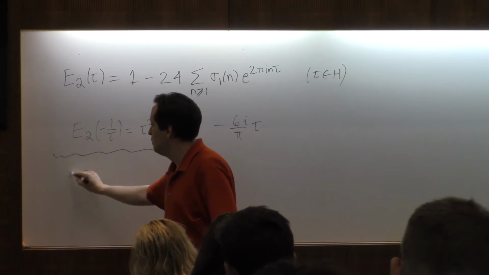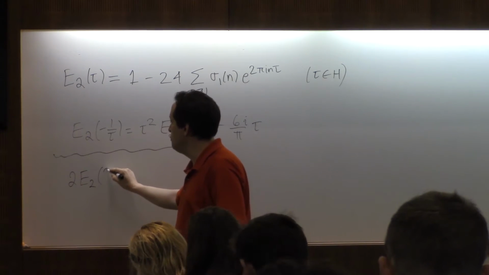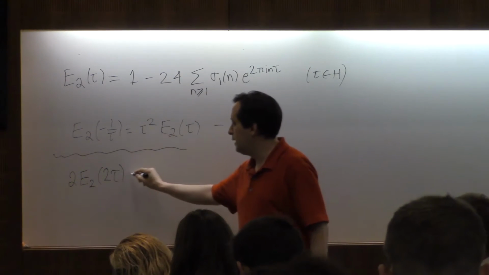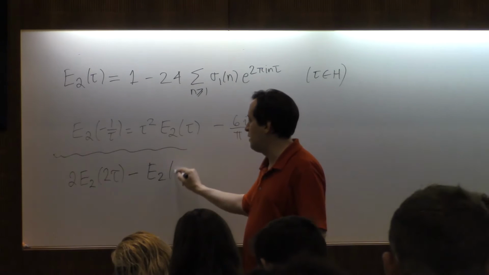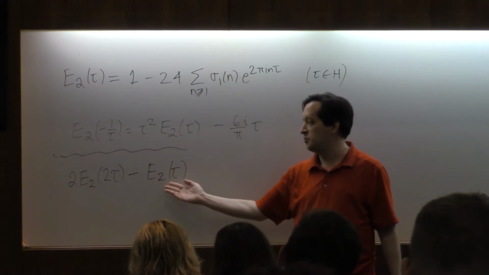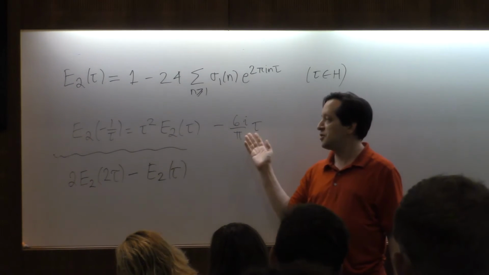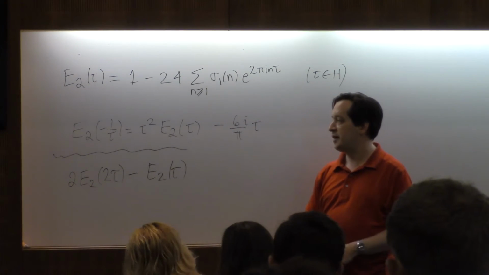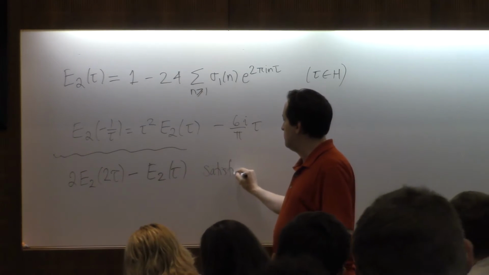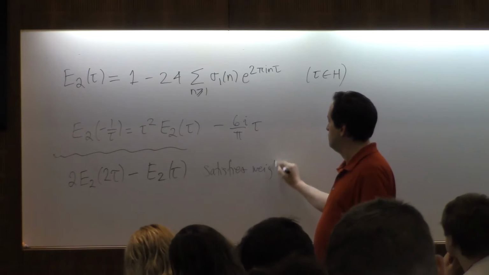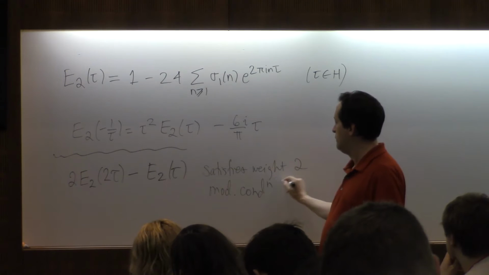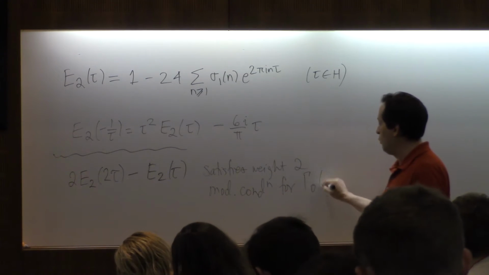and you subtract E2 of tau from it, this is another function that, in some sense, transforms like this with some funny correction factor, but when you subtract them, the correction factor disappears, and so this satisfies the weight 2 modularity condition, not for all of SL2Z.